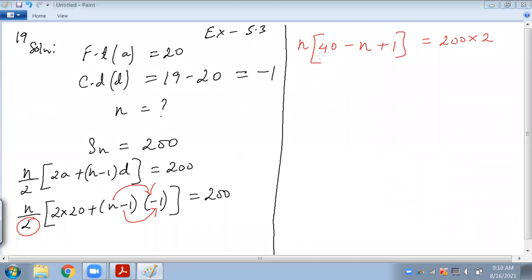Now again, solve the bracket. So it will be 41 minus n, equal to how much? 200 into 2 will be 400. Then multiply and remove: 41n minus n square equal to 400.